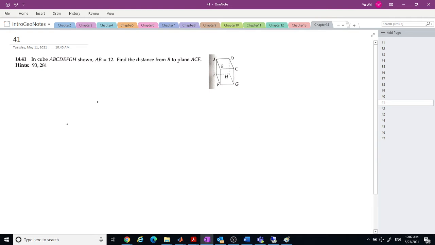So in the cube, the A, B, C, D, E, F, G, H is shown in this.